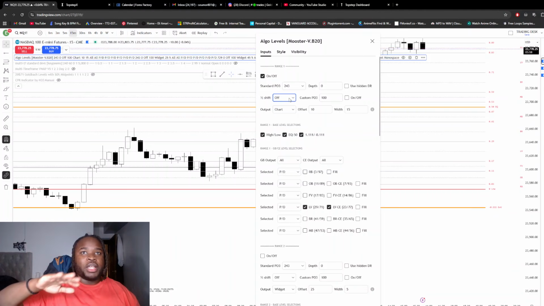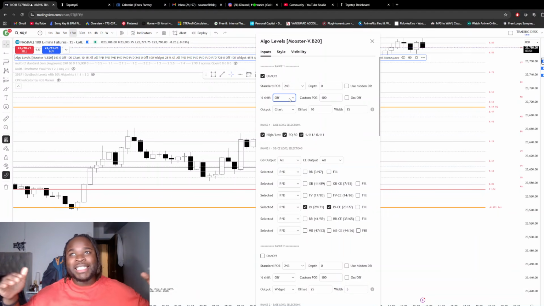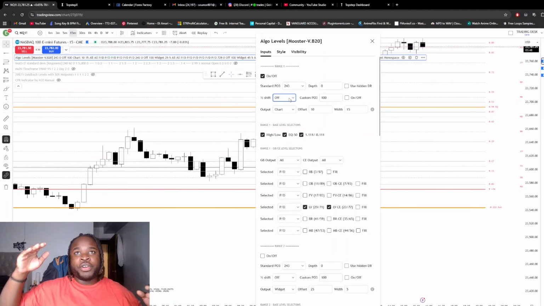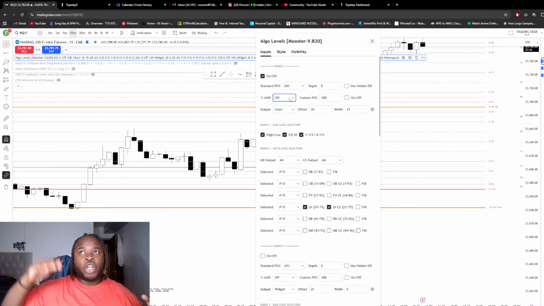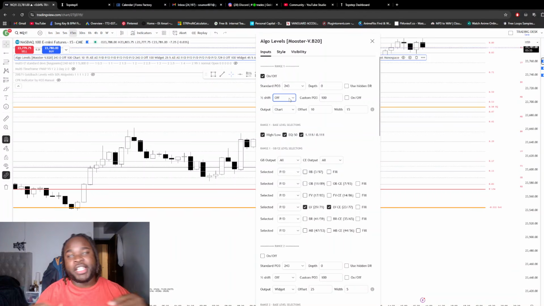So it doesn't really matter if the levels are all basically the same in terms of your EQ and the high and the low. The high of another range is going to be the low of the upper range. So don't get confused with the half shifting. When you get comfortable, you will start to understand when you should be half shifting. So don't get confused by that.